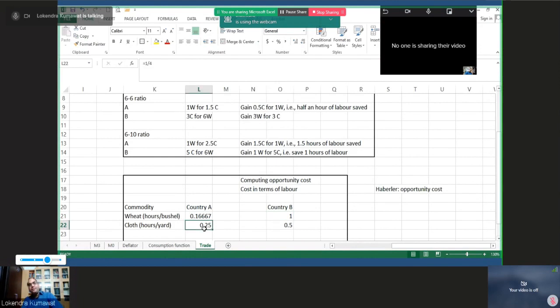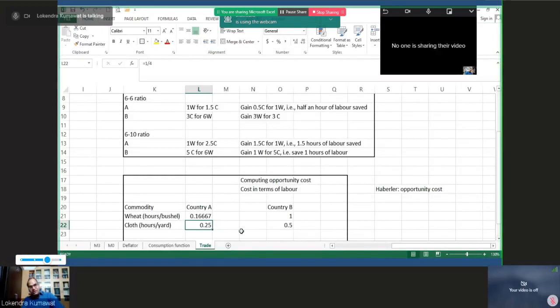1 unit of labor can produce 4 yards of cloth in country A. So in 1 hour they can produce 4 yards, and for producing 1 yard of cloth, country A requires 0.25 hours of labor.